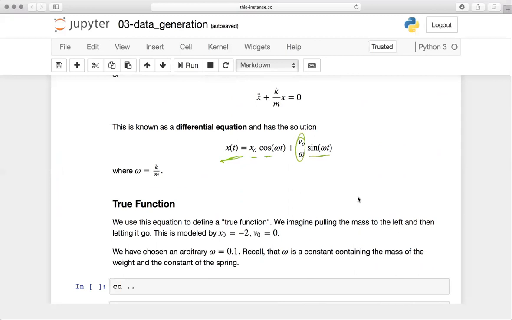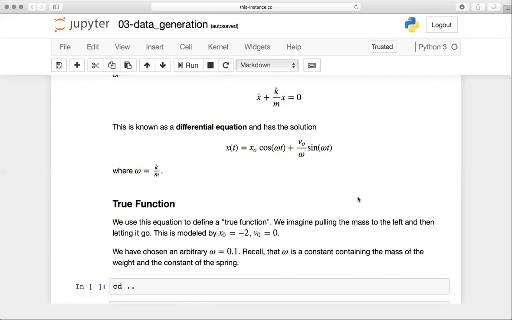If that's too much, you're just going to have to trust me. The spring constant is baked into this omega, where we have the spring constant divided by the mass inside these cosines and sines.